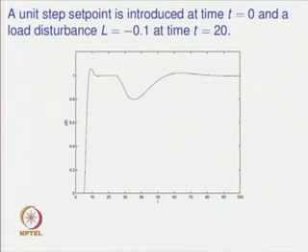The overshoot is less, the rise time is high, the settling time is also small. So, we have got all desired time domain performance parameters from the closed loop system, and of course, the disturbance response is not so satisfactory as it is for the set point response.